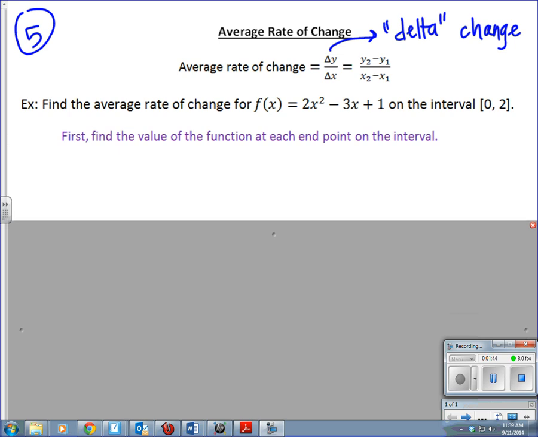So I wrote a step here. If you want to write it in your notes so you can remember what we did, that's fine. But we are going to first find the value of the function at each endpoint on the interval.